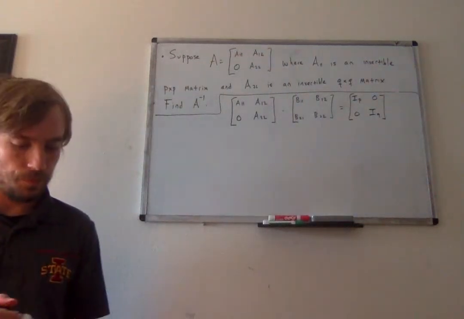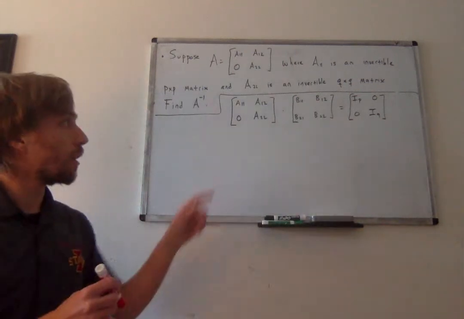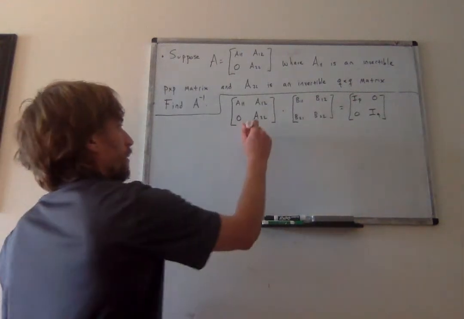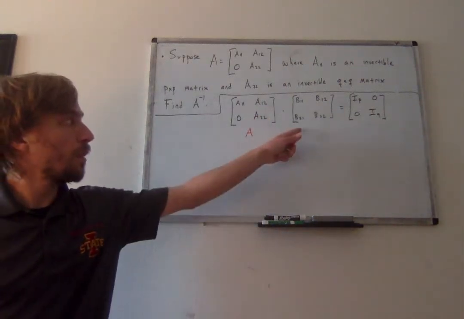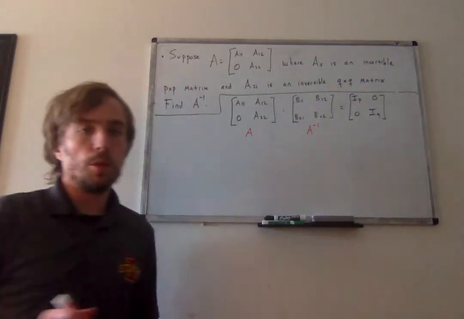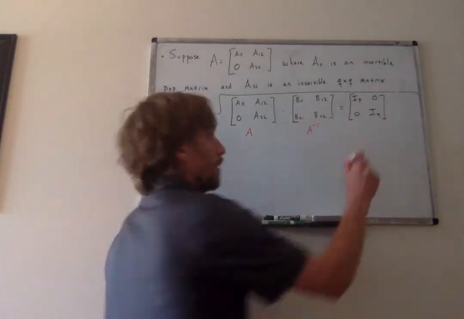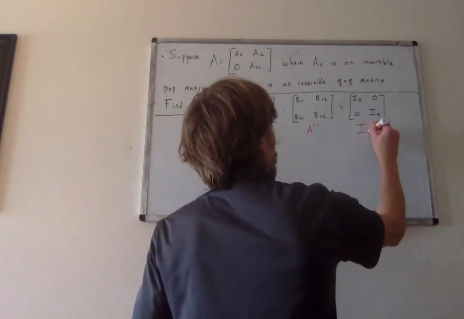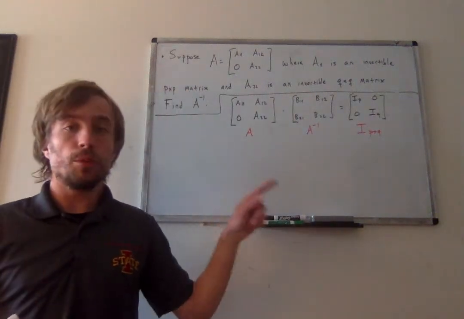All right, so I will list what each of these matrices are. So this is the block matrix A. This is the block matrix A inverse. This is the identity matrix of dimensions P plus Q.